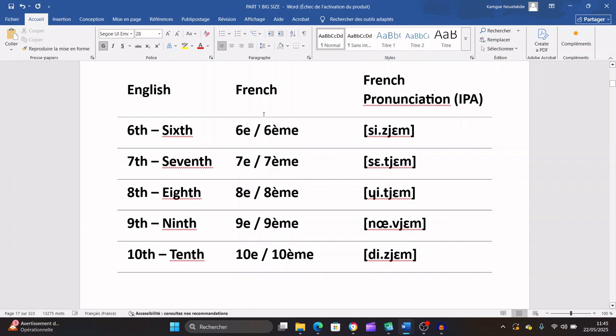Sixième. Seventh. Septième. Eighth. Huitième.